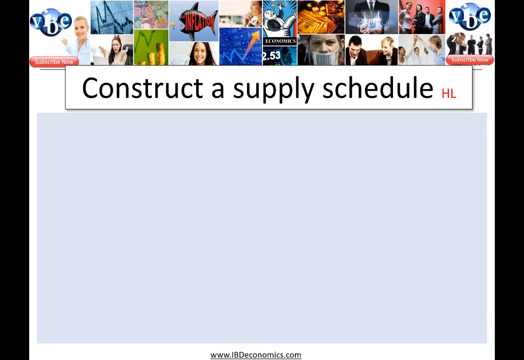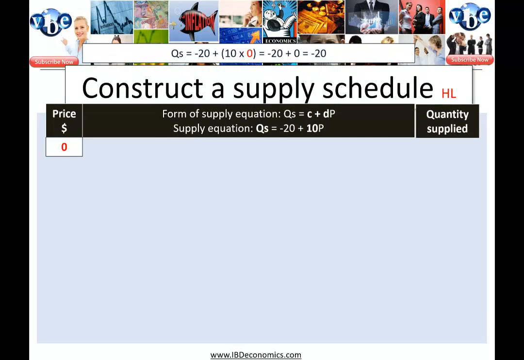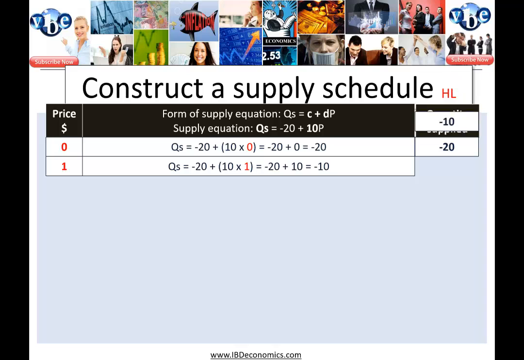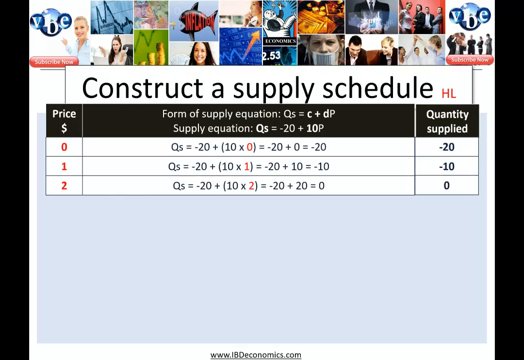Constructing a supply schedule. Just like we did the demand schedule, all we're doing is substituting a price in and determining the quantity supplied at each price. So remember, the P part is the price. So in the supply equation, QS equals minus 20 plus 10p, our first price is $0, so 10 times 0 will give us a quantity supplied of minus 20. $1, minus 10. $2, we have 0 being supplied.